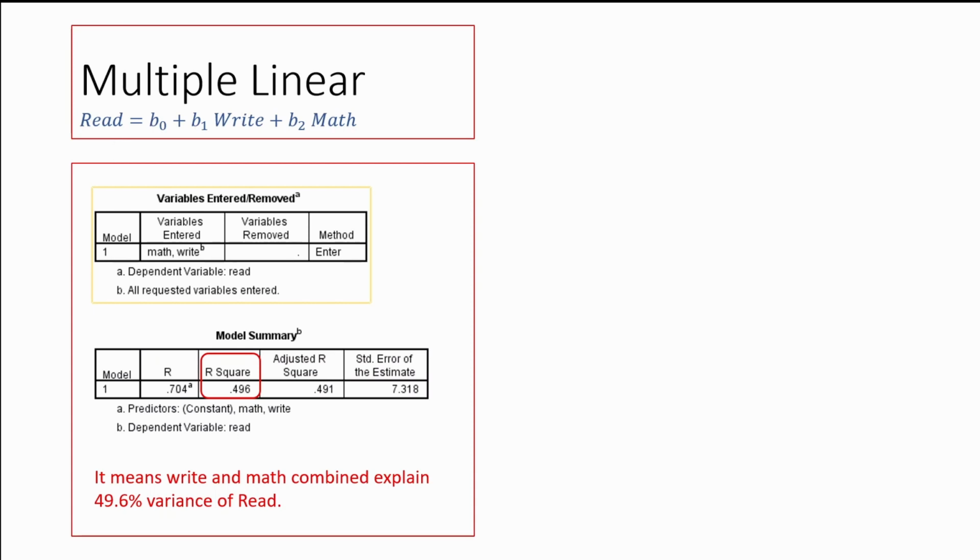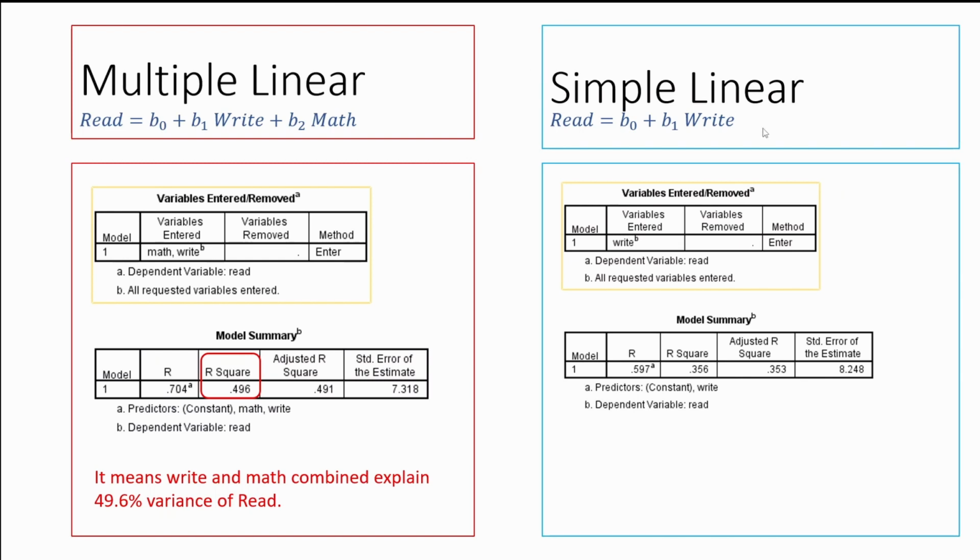And if you watch the other tutorial, I'll put a link down below, the simple linear regression, in which we only had one independent variable, writing, and used writing to predict the reading score. We did not have math in that tutorial. So you compare that. For that case, the R square is only 0.356.